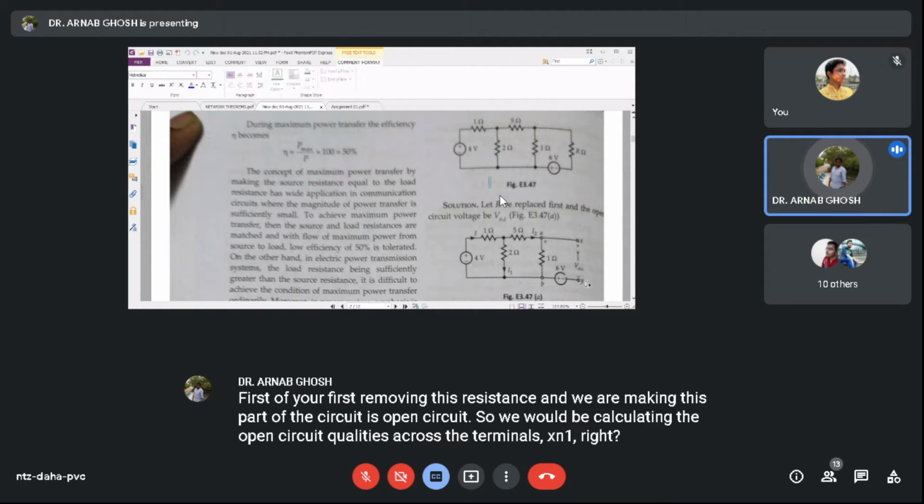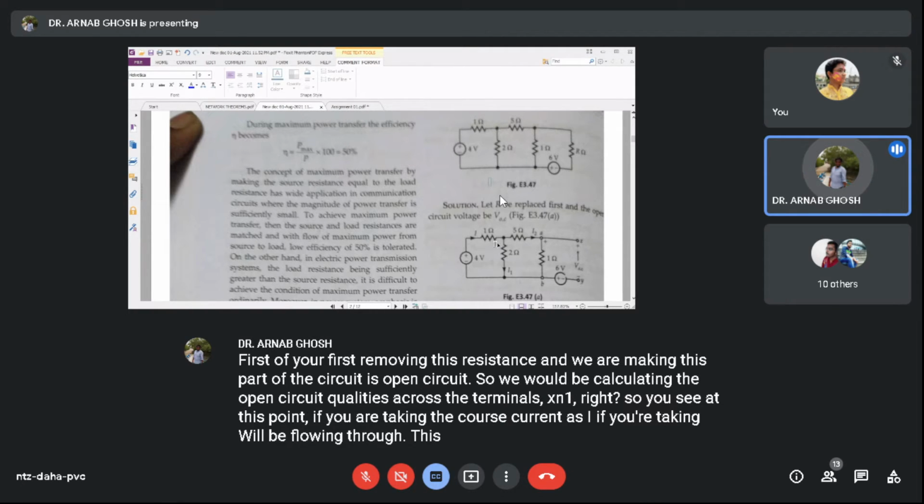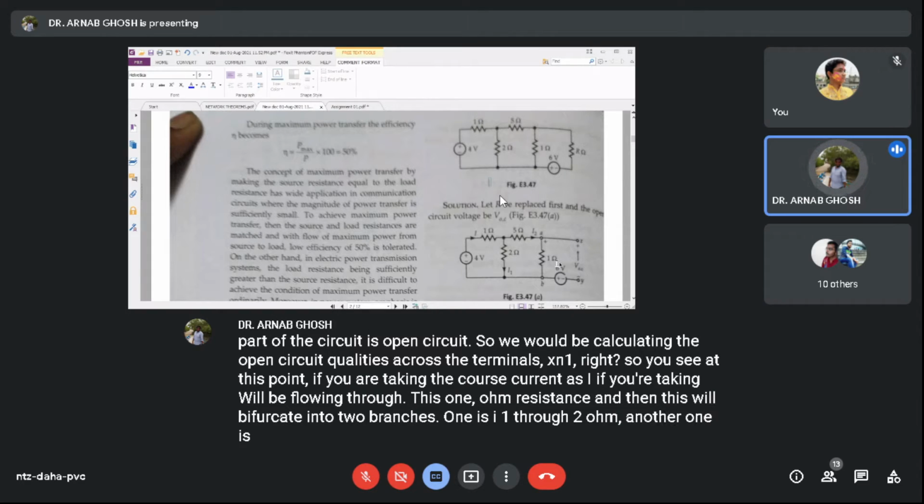So at this point, the current will be flowing through this 1 ohm resistance and then two branches. One is I1 through 2 ohm, another one is I2 through 5 and 1 ohm. Right? Because this part of the circuit is open circuited.